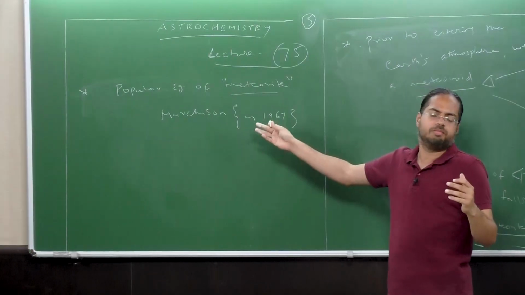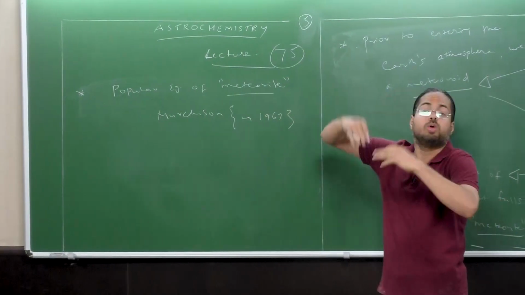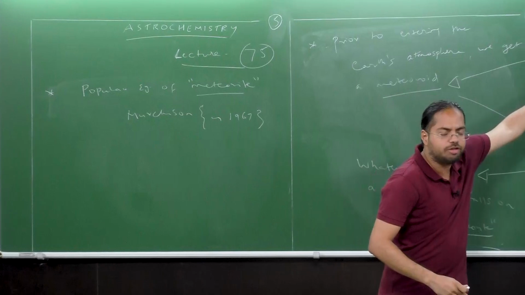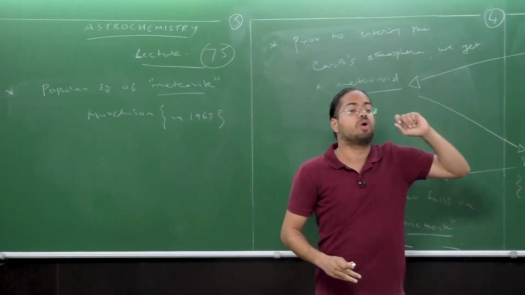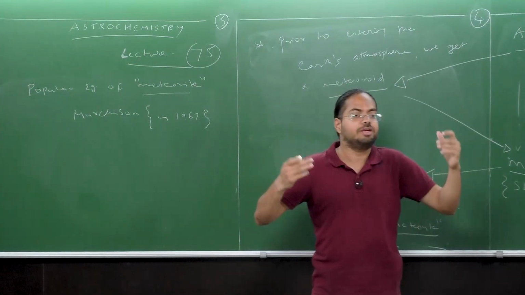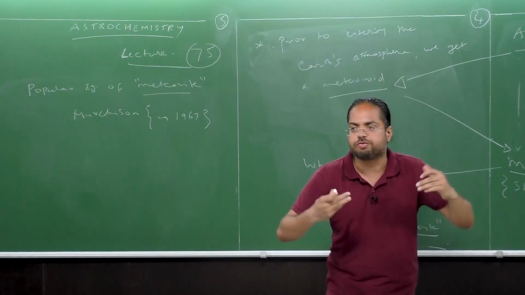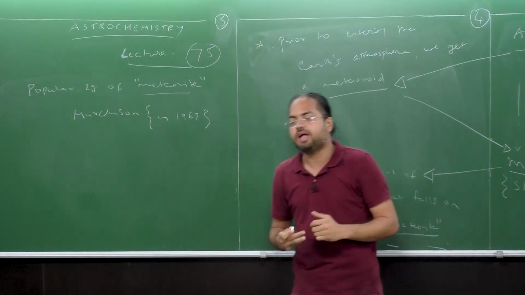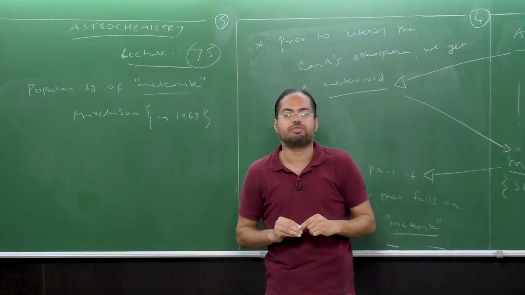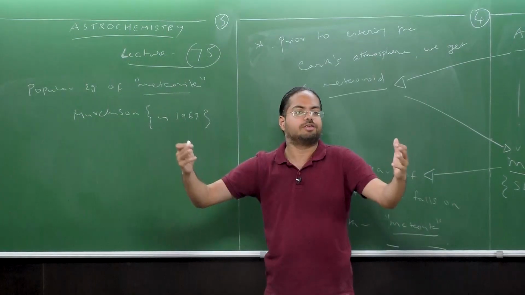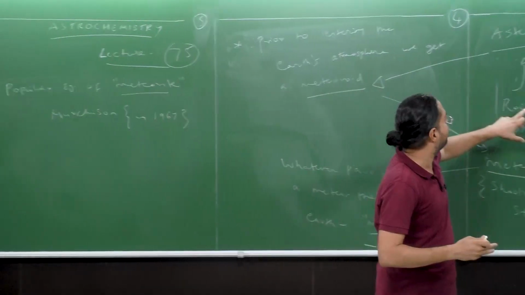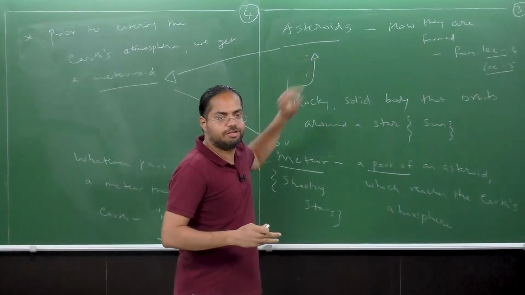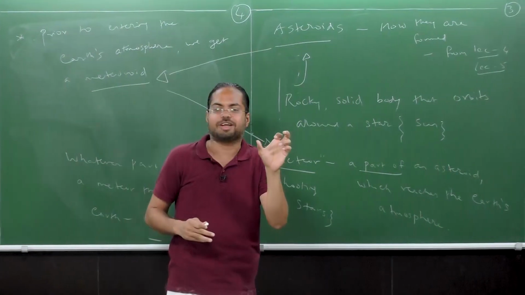meteorites are objects which come all the way from being an asteroid, and they give us a lot of information. In fact, they present us with a lot of material to study the astronomy of the various objects, the rocks, the chemistry of space.